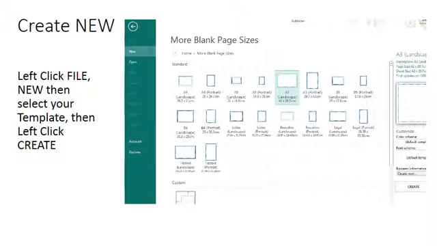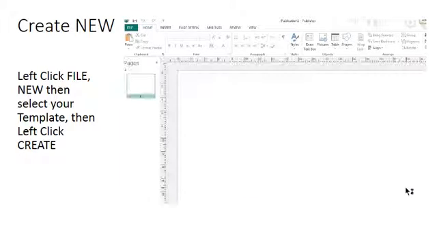And you'll find that on the right hand side, here will be a description of your template and options for color schemes and font schemes. I'm just going to left click the Create button. And that's now created my A3 landscape blank poster. Okay, so we're ready to create.